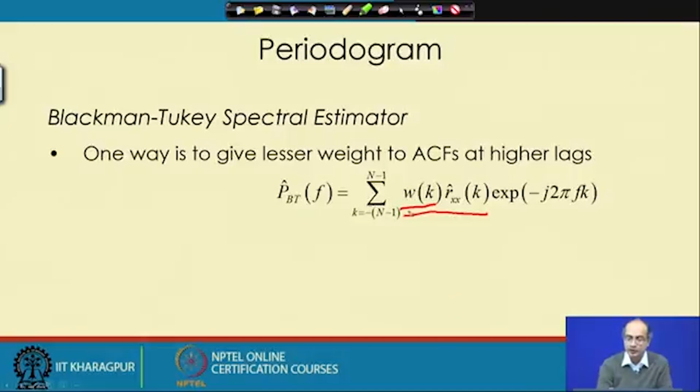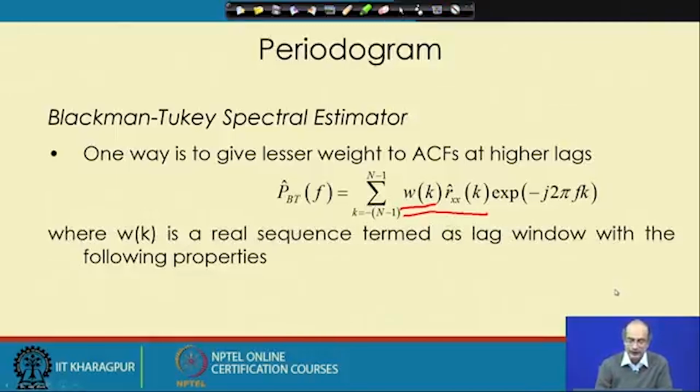Let us take a window multiplied with the estimated autocorrelation estimate with the purpose to actually give proper weighting to the different lags of the autocorrelation function.